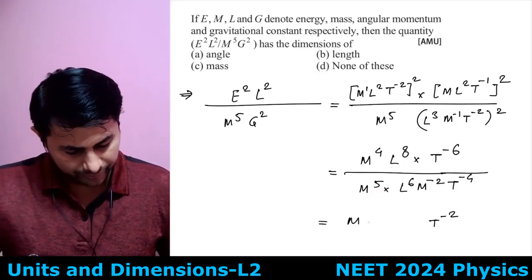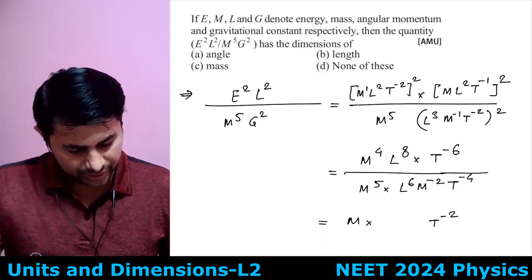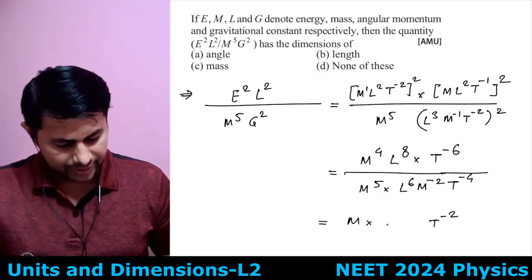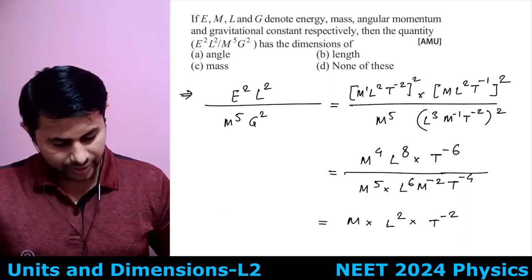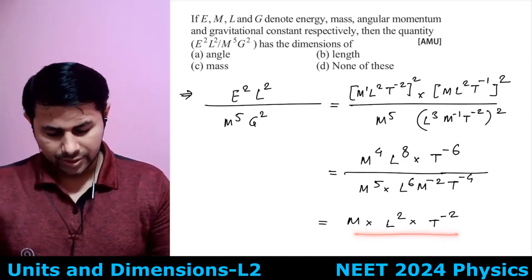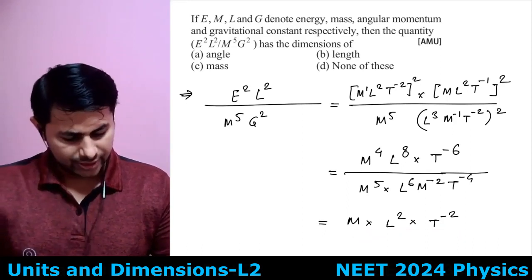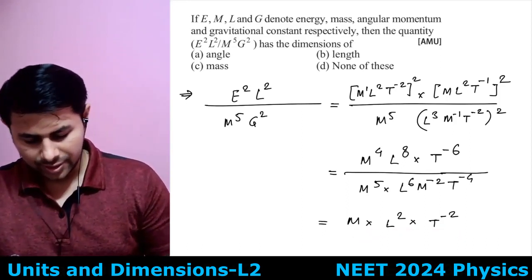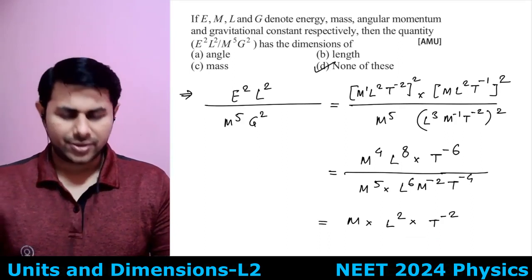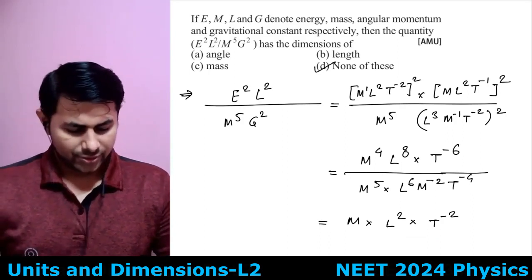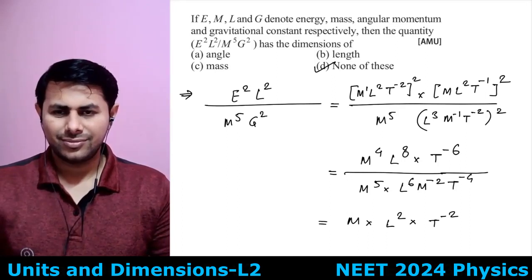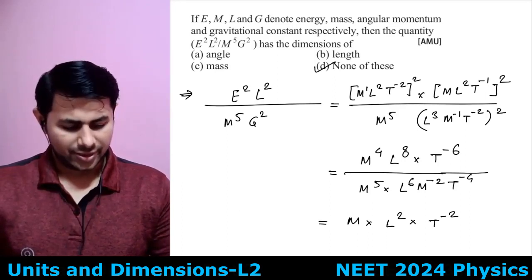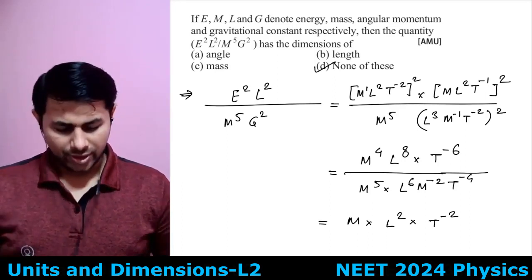So we have m multiplied by L raised to 8 divided by 6 is L raised to 2. Okay, so what is this? M1 L2 T raised to minus 2. Again, none of this. This is energy, right? Yes, sir. Okay, none of this. So now calculations are correct, no? Yes, sir. I think. Okay, so none of this.